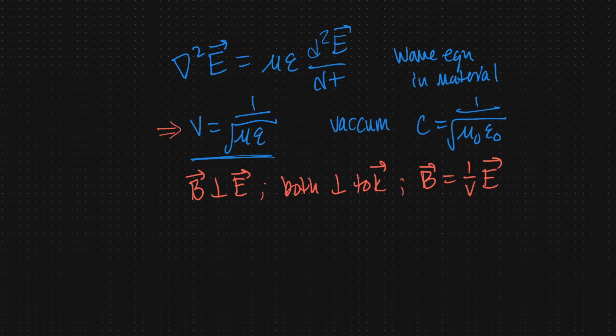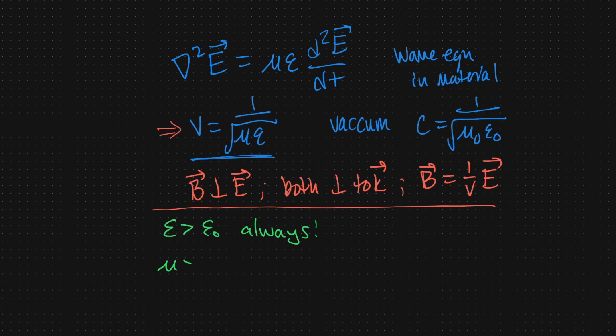Now, there's a couple of small footnotes that I want to make about this, things that are important to keep track of. One is that epsilon is always greater than epsilon 0. That is a principle of nature. The other is that there are two kinds of materials that we might have to deal with.